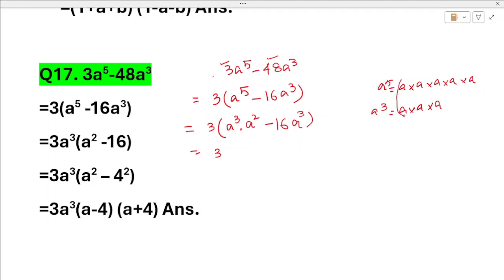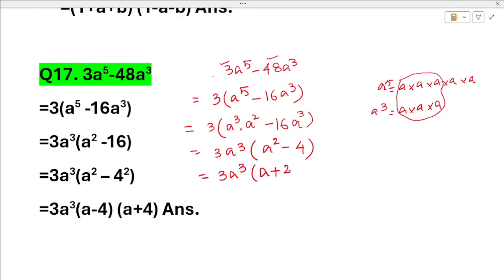So we can take this as common. So a to the power 3 is common. Now inside the bracket it is a square minus 4, correct. So it becomes a cube, and you can express it as sum and difference.